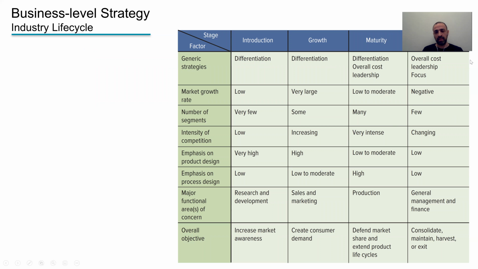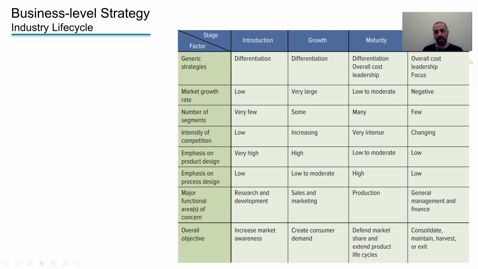For example, for a company in a maturity stage industry, the generic strategy goes to differentiation and overall cost leadership. In maturity, there are many competitors and many segments, the competition is high, so you cannot have high margins.